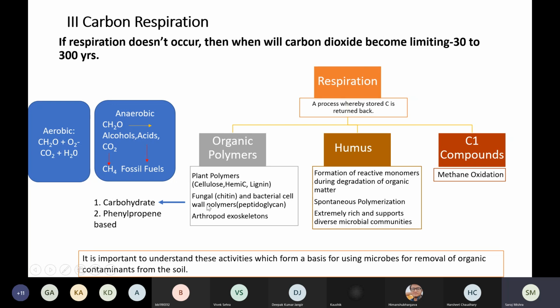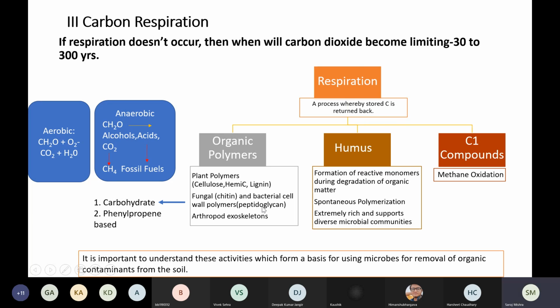Fungi, for example, also feed and store carbon in the form of their cell walls, which are chitin-containing molecules. Fungi do feed on organic matter like sugars and other things, but a part of the carbon they also trap in their cell wall. So if that carbon is to be released into the environment, you should know how chitin is broken down, or how peptidoglycan, which is present in the bacterial cell wall as a polymer, is broken down to carbon dioxide.